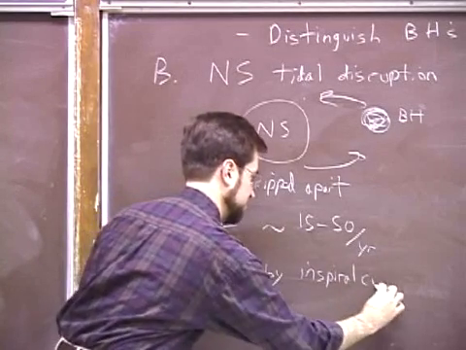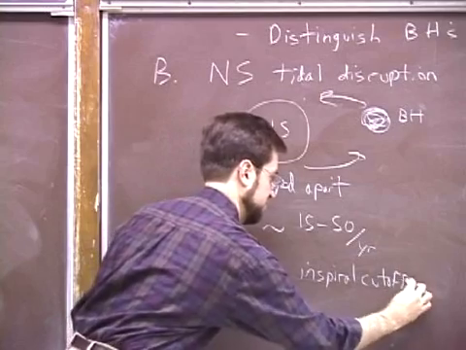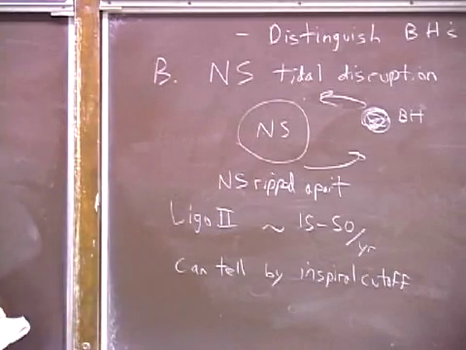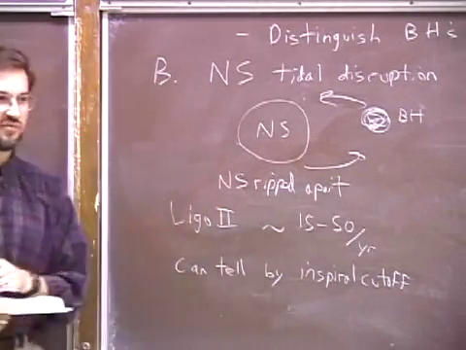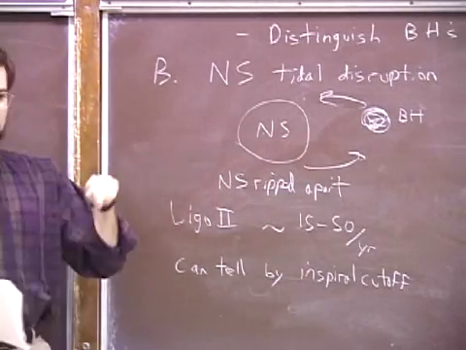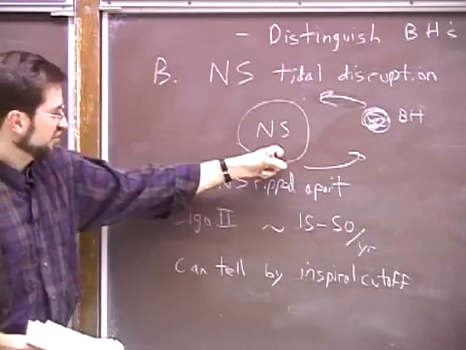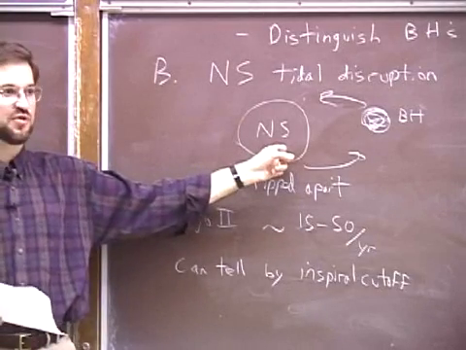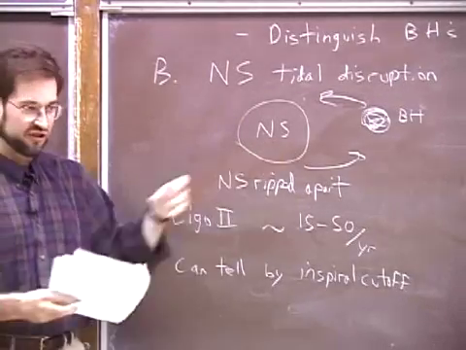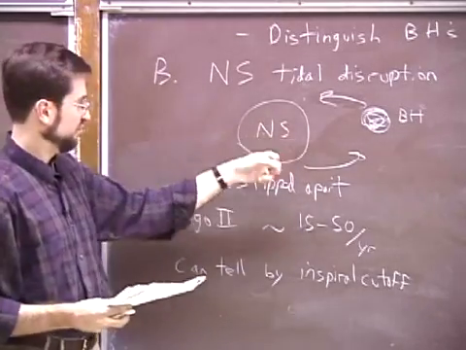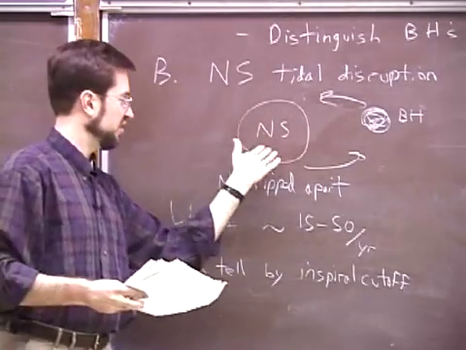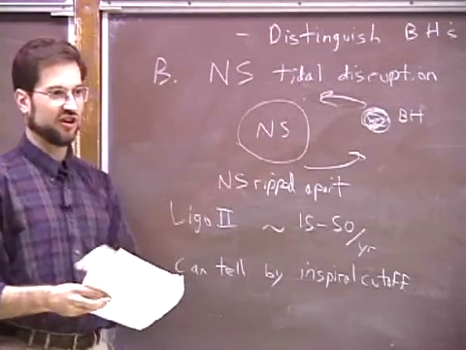And what I mean by that is that you can look at the in-spiral waves for such a system, and they'll be going, and then at some point this neutron star is going to get ripped apart, and all of a sudden the waveform is going to change. And it'll probably mostly go away, depending on how much asymmetry is left.